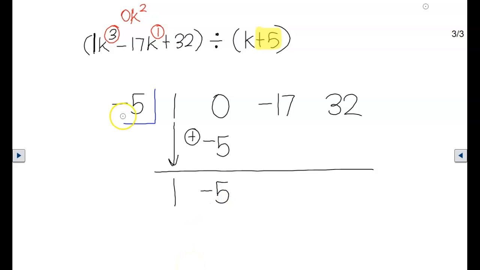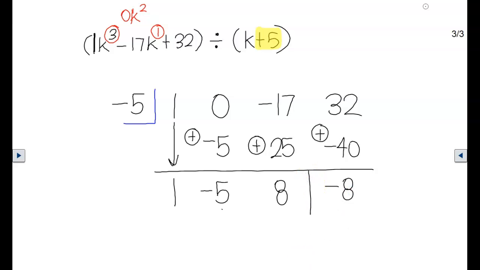I multiply negative 5 times negative 5. That's positive 25. I put that under the next coefficient, and I add. Negative 17 plus 25 is 8. I multiply negative 5 times 8. I get negative 40. And I add. 32 plus negative 40 is a negative 8.